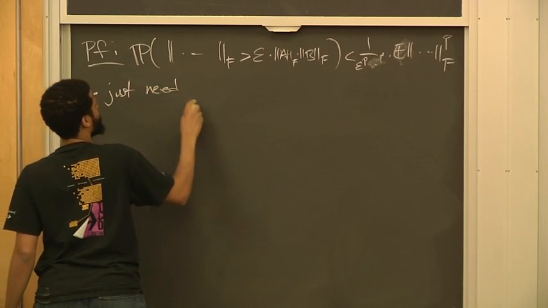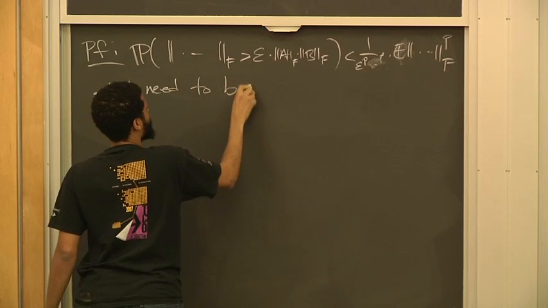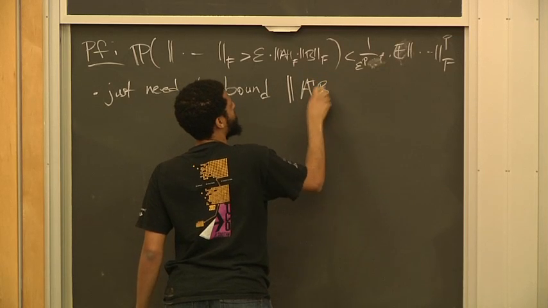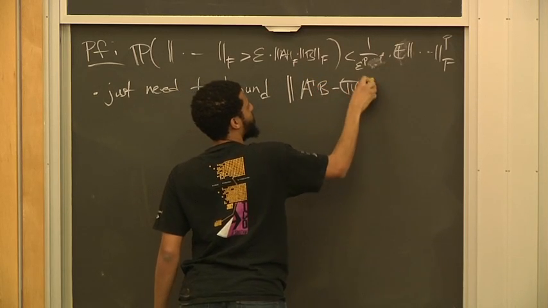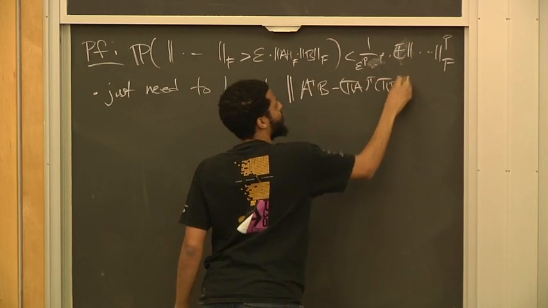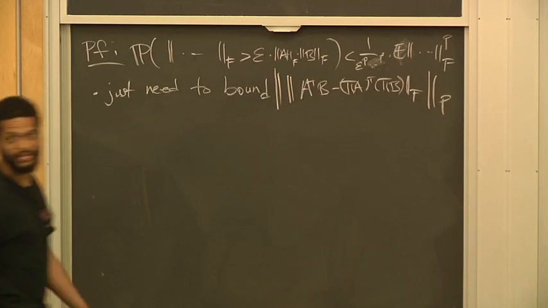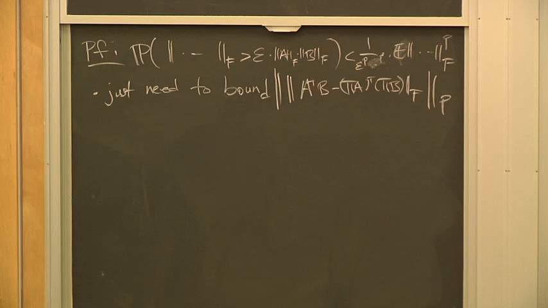We just need to bound A transpose B minus pi A transpose pi B, Frobenius norm, p norm. Right? The pth moment is just the p norm to the pth power.